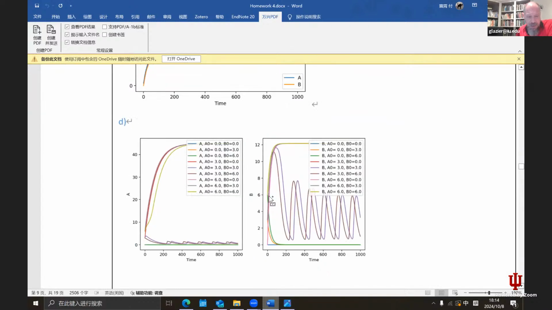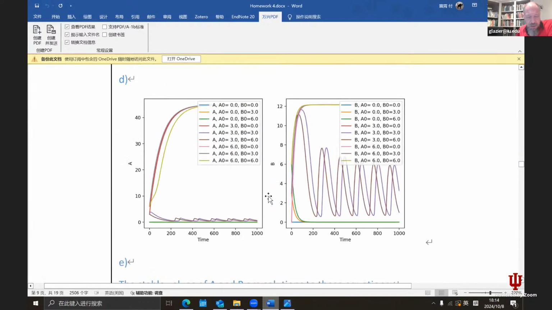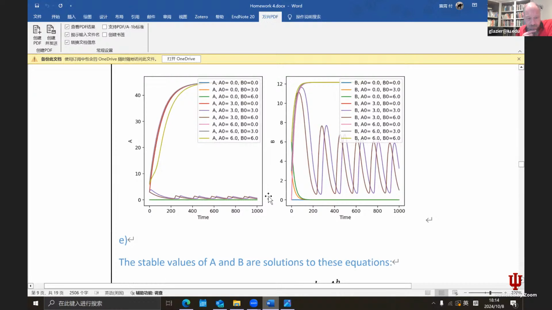And in this one, the only difference in the left-hand one is the initial values of A and B. Is that right? They all have the same Ks and everything else. Yes. And so one of them goes to a steady state and the other one oscillates.